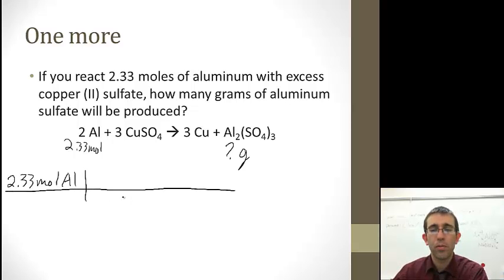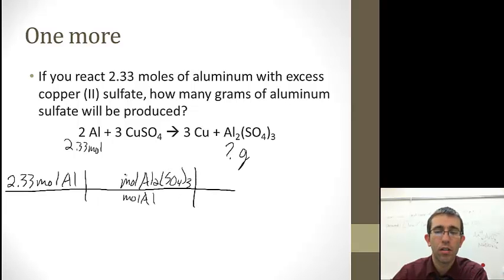Alright, moles of aluminum. So I know moles of aluminum will go down here. Alright, what do I want to get to? Well, I don't want it to be aluminum anymore. I want it to be aluminum sulfate. So the first thing you can do is input moles of aluminum sulfate up here. Remember, when you put mole and mole, this is the only time your chemical can be different.